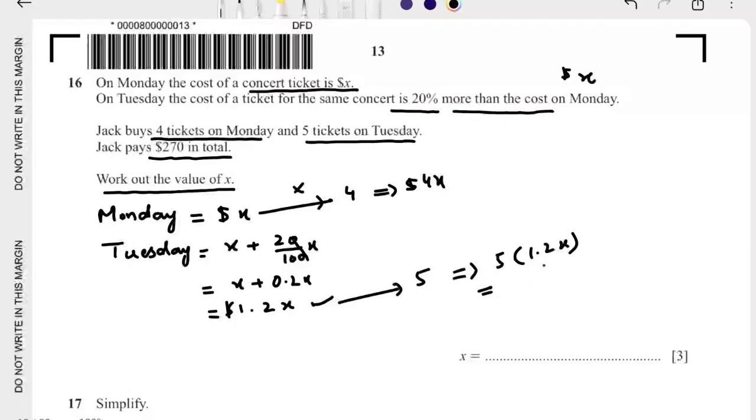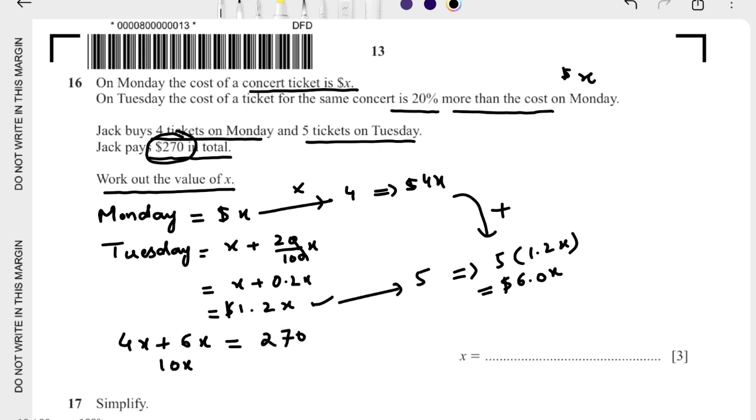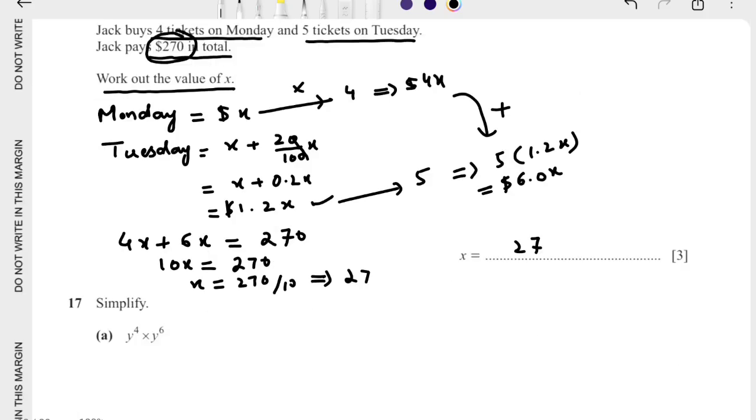It would be 6.0x dollars. Now altogether he pays $270, so we are going to add. So 4x plus 6x is equal to 270. So it would be 10x is equal to 270. Divide it by 10. The final answer will be 27. Next question.